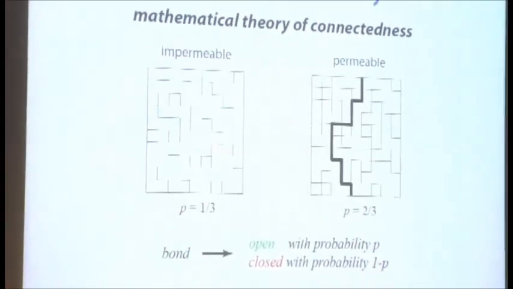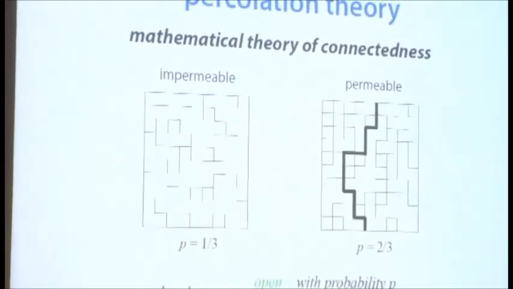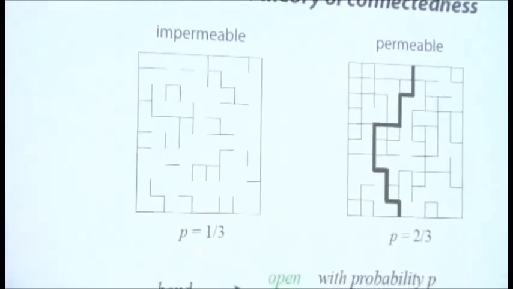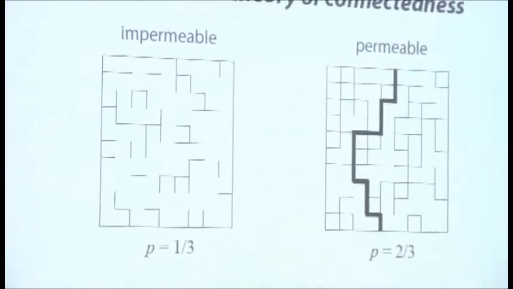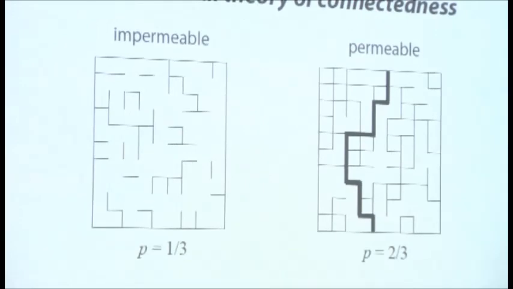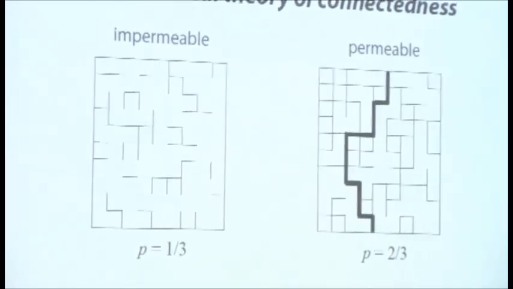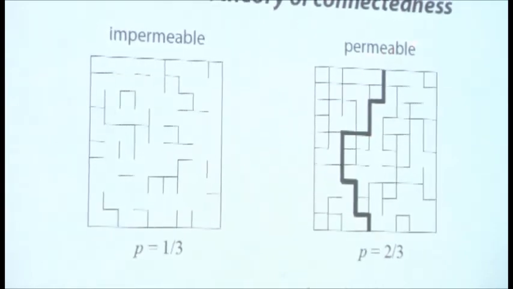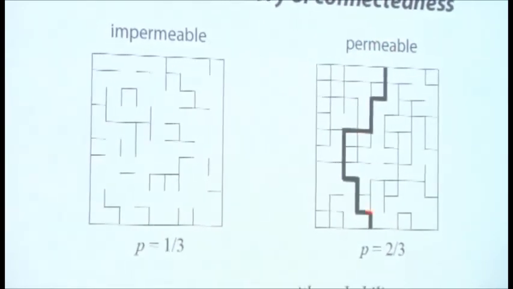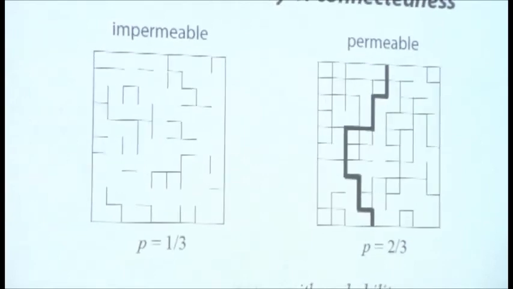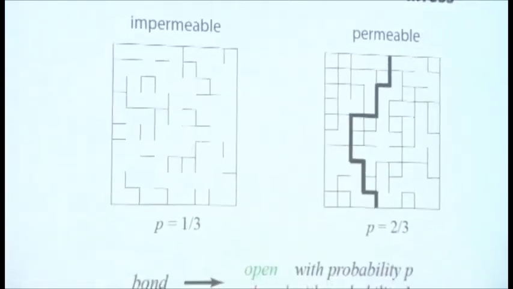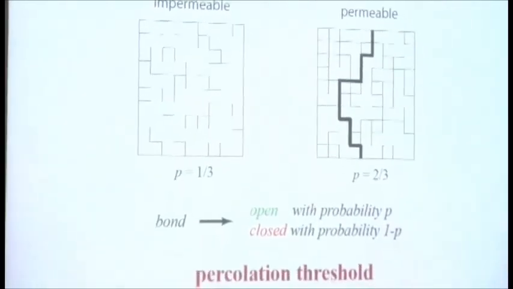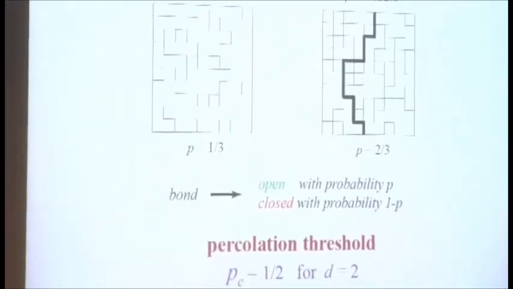Here, this is an impermeable state where fluid might try to flow through, but it can't. There's no connected pathway. Of course, we're really thinking of an infinite lattice here, and whether or not there's an infinite pathway, or an infinite connected cluster. And then here's a P equals 2/3 state where there is a pathway, and so the critical point for this system is called the percolation threshold, where you have the first appearance of an infinite cluster.